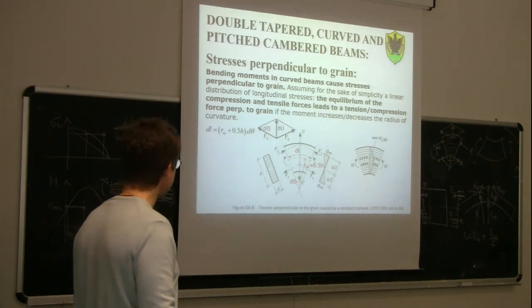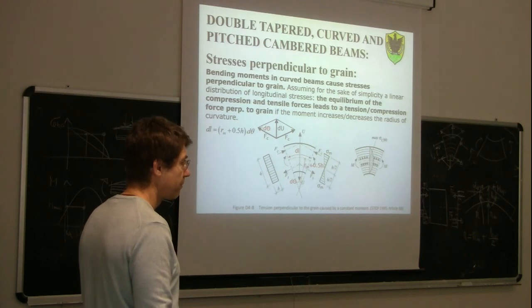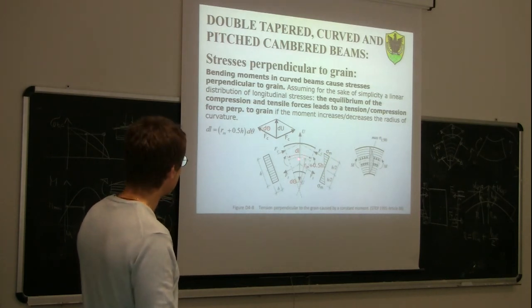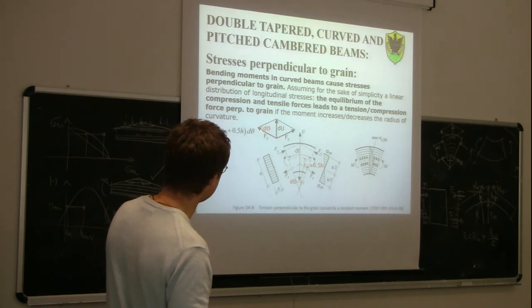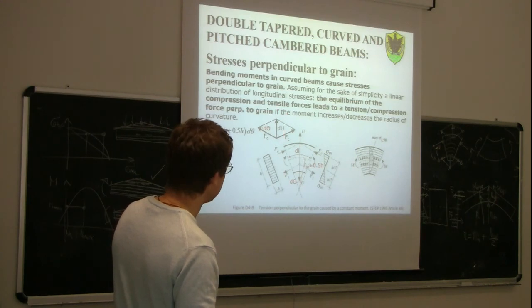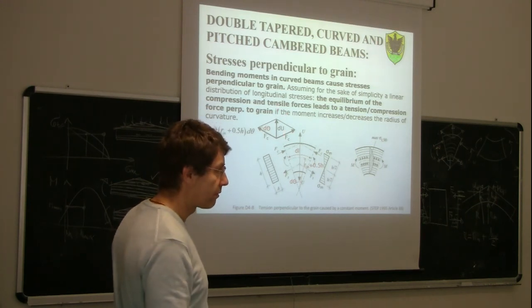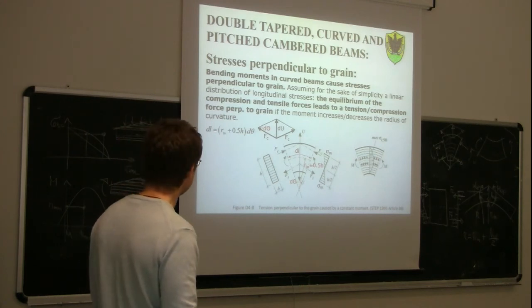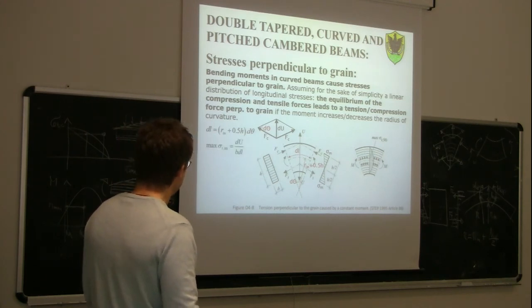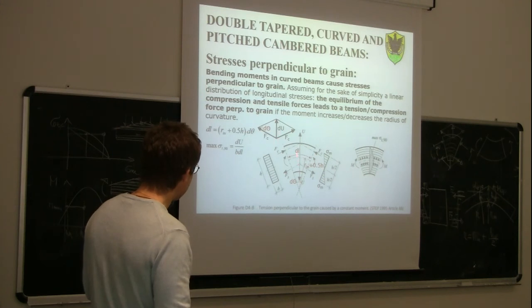So if we go back to the initial case, we said that those two forces, FC and FC, will produce one force, dU, tension perpendicular to the grain. So this force, dU, will produce some stresses on this middle fiber.